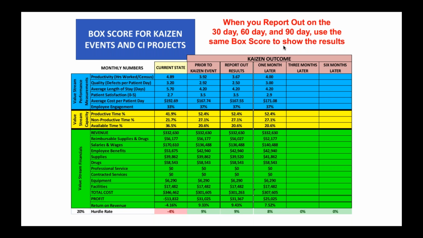So here you see the 30-day report out, that the numbers from a performance standpoint really haven't hit what we thought was going to happen when we did the report out. So what you want to do here is get this team together and do some root cause analysis and understand why some of the improvements in the Kaizen event may not have been sustained.